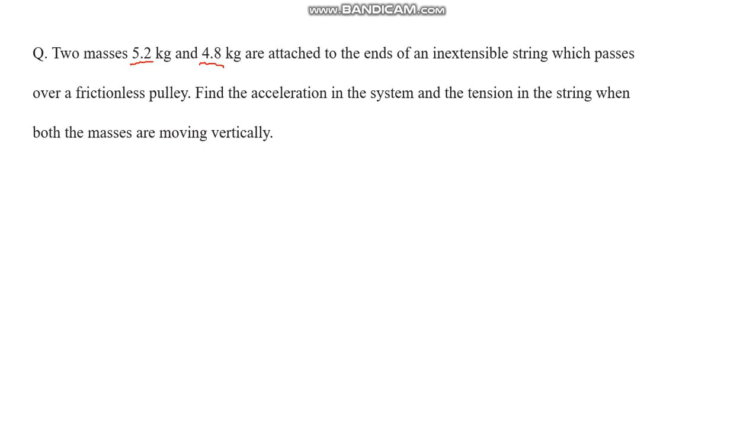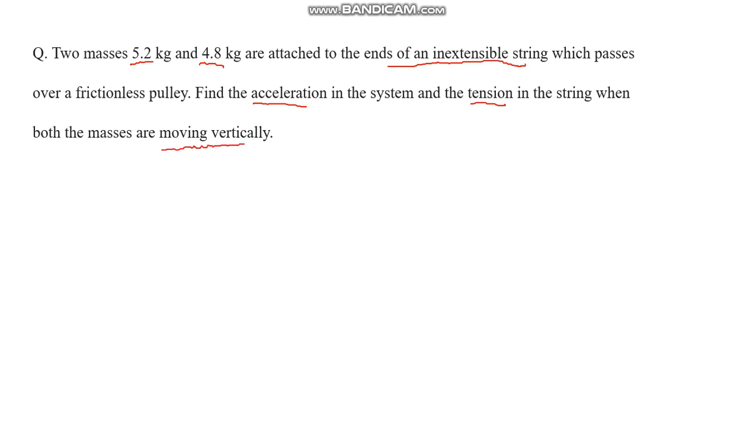With the help of the information that they are attached to the ends of an inextensible string, you can easily identify that they are talking about tension in string.